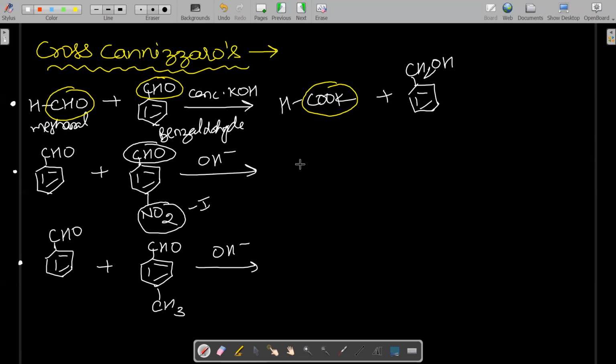So again, this benzaldehyde where no nitro group is present will reduce into alcohol, and in the other molecule where the nitro group is present, the CHO gets oxidized.